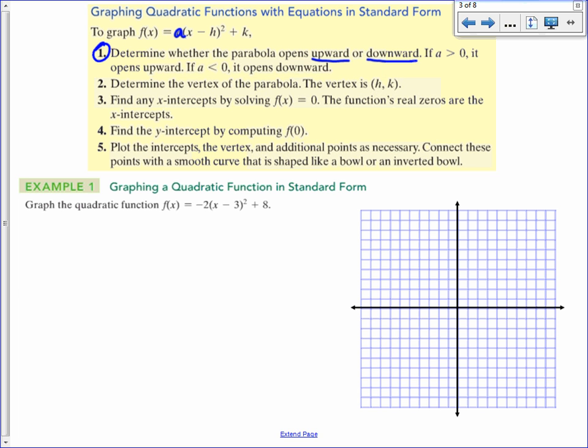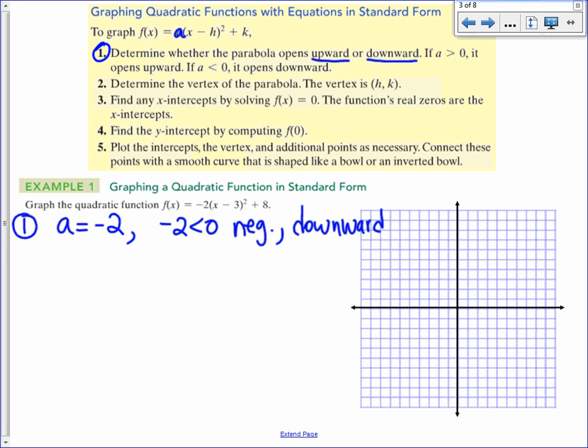It would still be the coefficient of x squared. So for our first step, we notice that A is equal to -2. And so we know that -2 is less than 0, in other words, -2 is negative, right? So then the parabola will be opening downward.